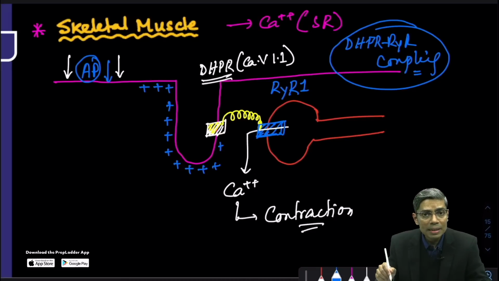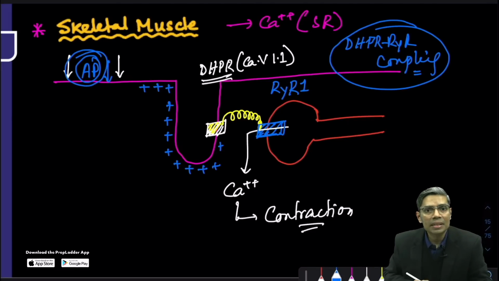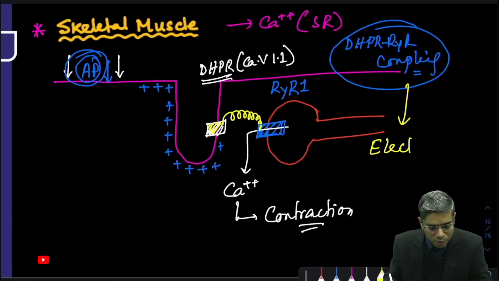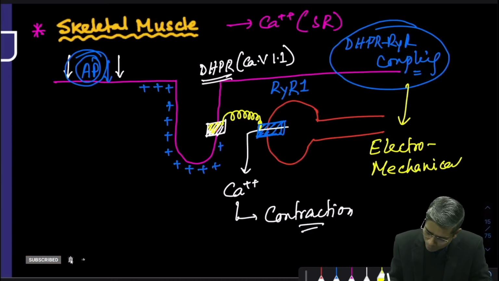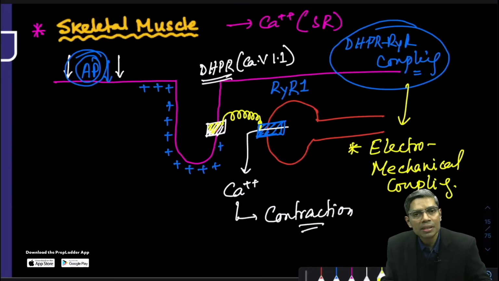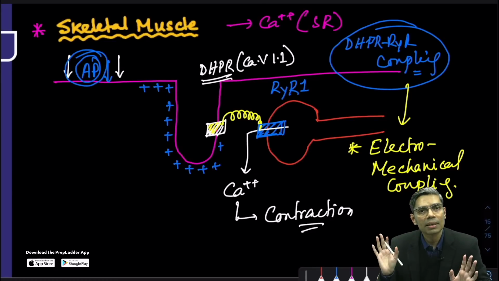And when these two receptors mechanically interact with one another in the presence of electrical activity, in the presence of an action potential, that's why this coupling is known as electromechanical coupling. Why is the word electro used? Because in the absence of electrical activity, the coupling between DHPR and RYR is not going to happen. That's why the complete name is electromechanical coupling.